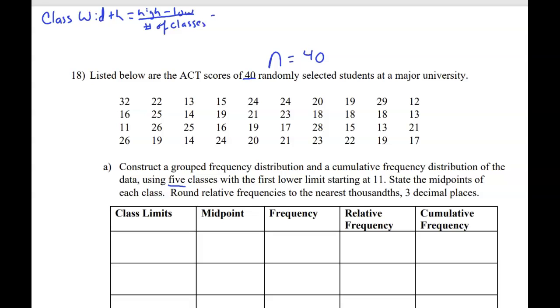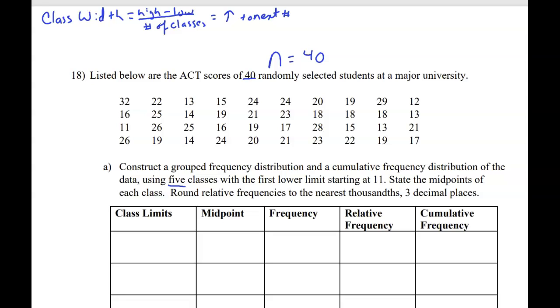And when we do this, we're always going to round up to the next number. Since our data is whole numbers, we're going to round up to the next whole number. If we had 1 decimal, we would round up to the next 10th, that sort of thing.